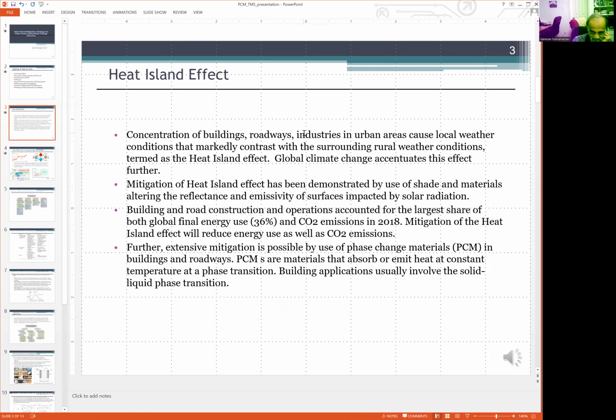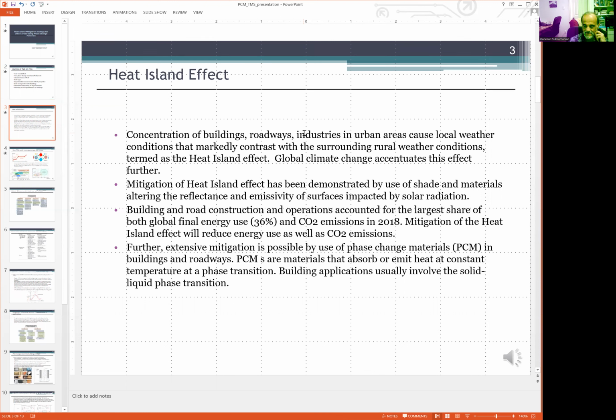So it's in our interest to mitigate the heat island effect in order to reduce the energy use as well as the carbon dioxide emission. Now, here we show, or review, how further extensive mitigation is possible by use of phase change materials in buildings and roadways.